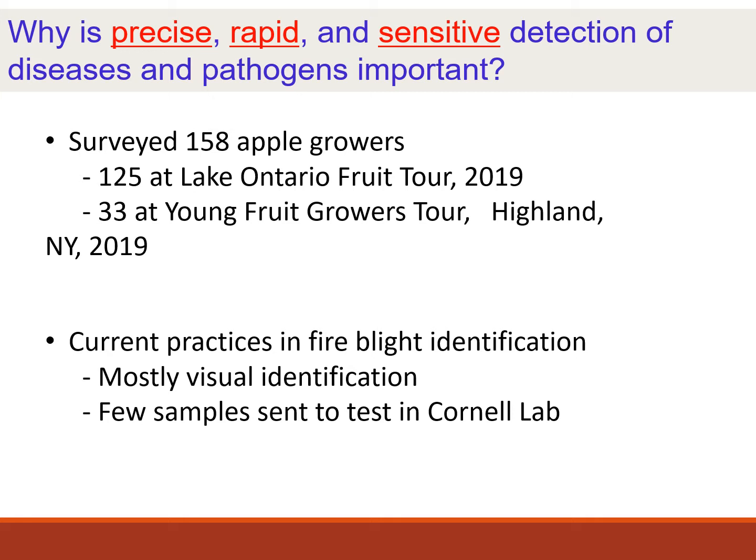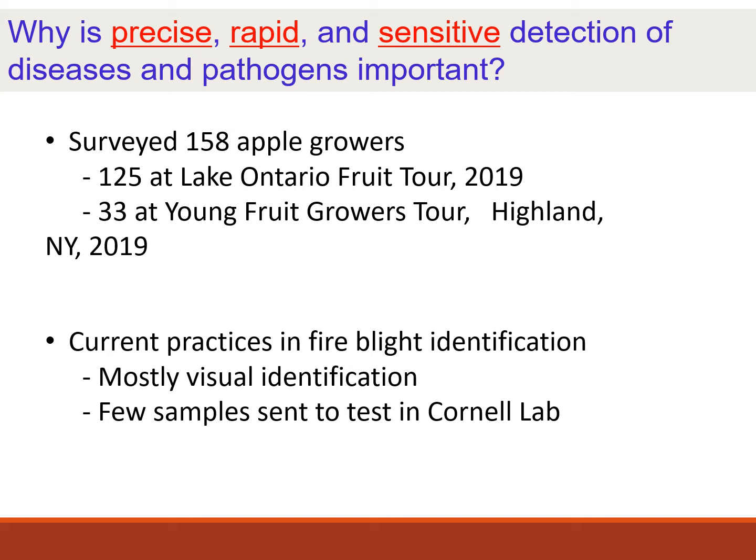And we asked them about their current practices for fire blight identification. And most of them said that they are comfortable with visual identification of fire blight based on the symptoms. And also some told us that they send samples to Cornell labs for identification.